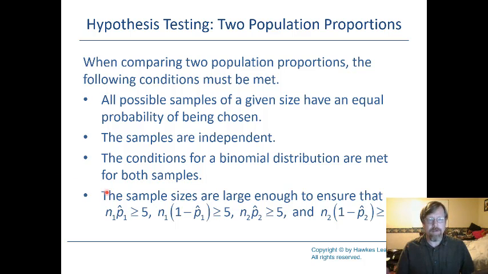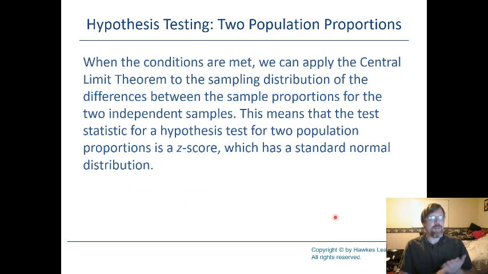And as with other things we saw with hypothesis testing with proportions, the sample size times the proportion has to be greater than 5, in this case for both proportions, and the sample size times 1 minus the proportion has to be greater than 5, again for both populations. When that's true, we can apply the central limit theorem, and as we saw with other hypothesis testing, we'll be using a z-score and a standard normal distribution.